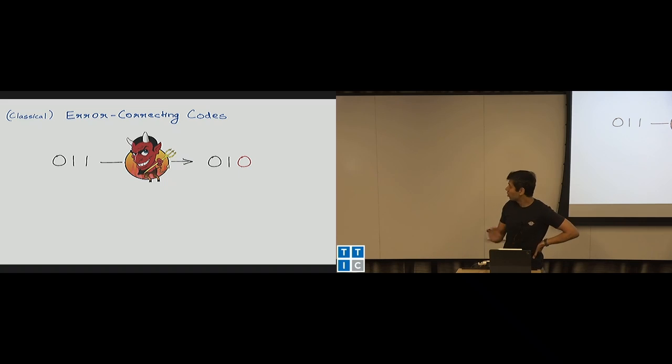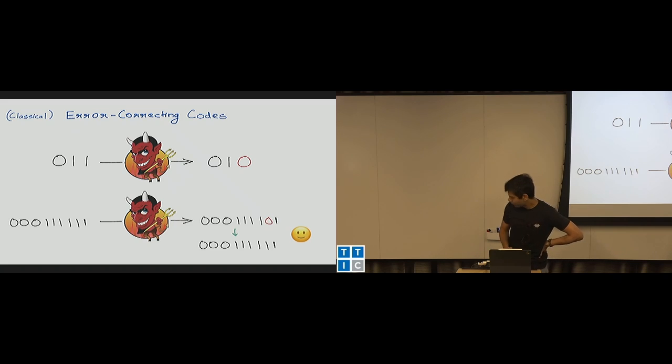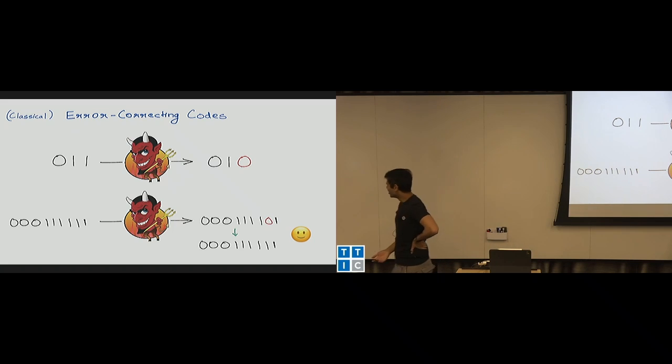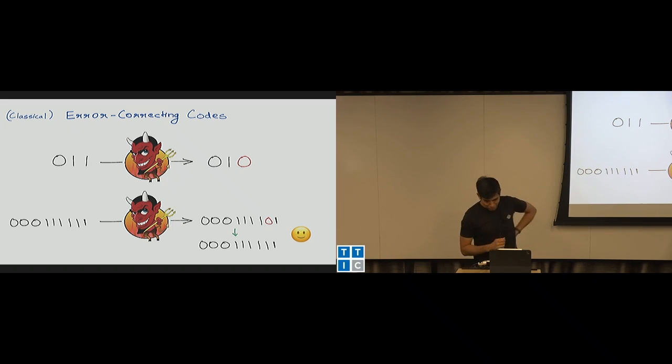This is all classical coding theory, so there's no quantum yet. I'll tell you when we're talking about quantum codes, but right now I'm just sending you literally a string of bits. We can do some sort of redundancy. For example, if I repeat every bit 3 times, I can protect against at least one error.